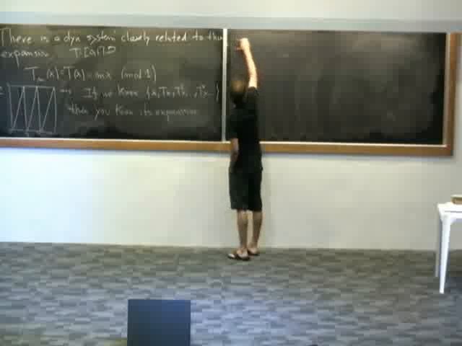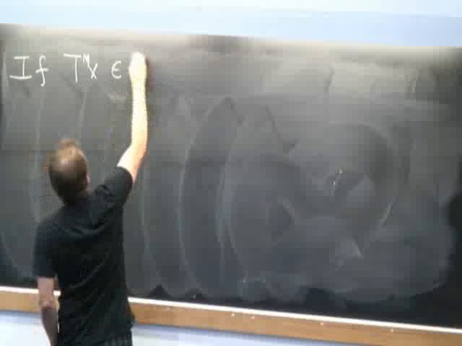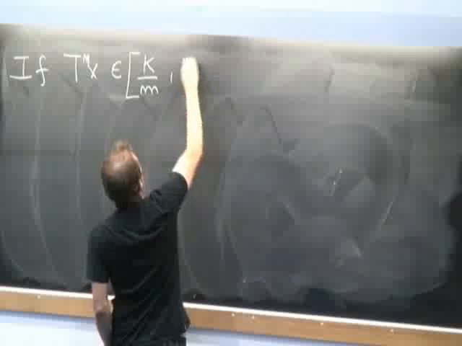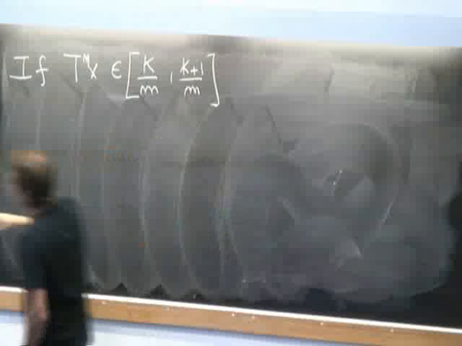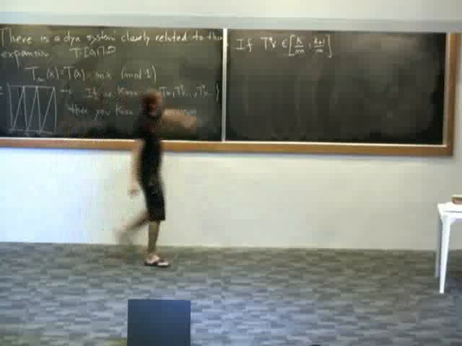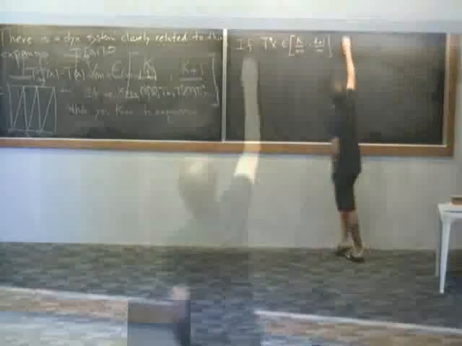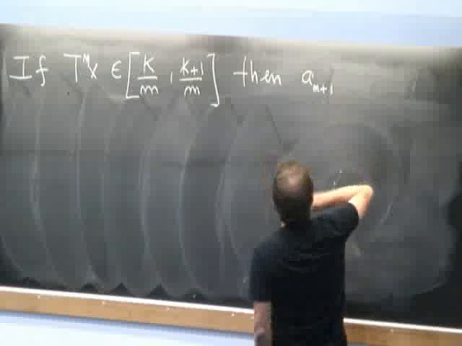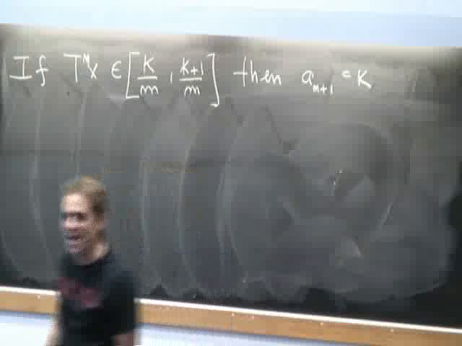If T^n of x belongs to the following interval, so you're looking at which of these 3 intervals the nth iterate of the map lies in, then you know that the digit a_{n+1} is equal to k.